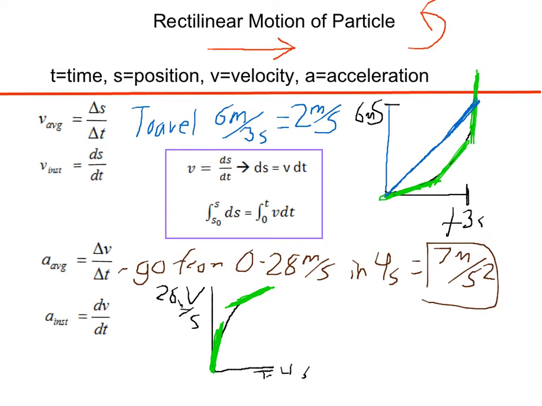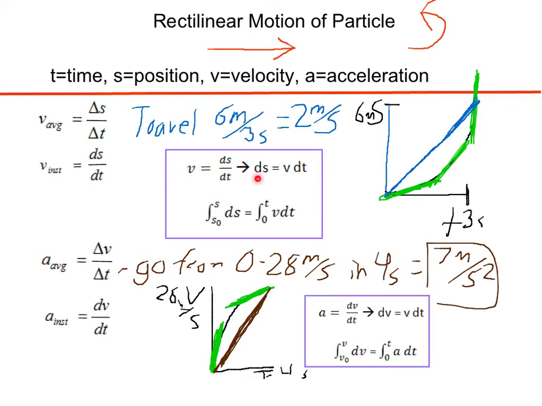So its instantaneous acceleration at each time is different, but its average acceleration throughout the whole thing is still 7 meters per second squared. And just like with velocity, you do the same thing here. If you take the derivative of velocity with respect to time, you get acceleration. And then if you take the integral of acceleration with respect to time, sorry for the mistake there, you get your change in velocity.